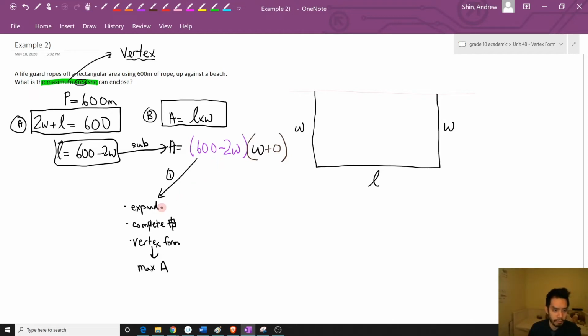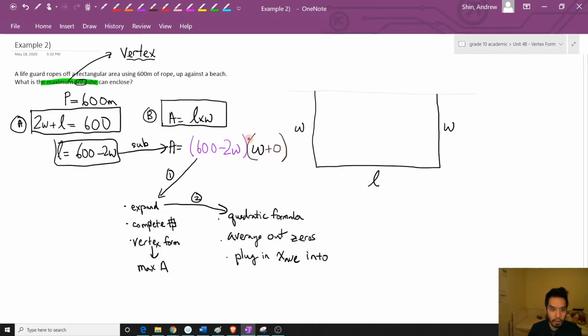Option 2 is to expand. And instead of completing the square, you can, number 2, use the quadratic formula. And then average out the zeros, which are going to be the x-intercepts, and then plug the average x value into equation C. So I'm going to call this C here.